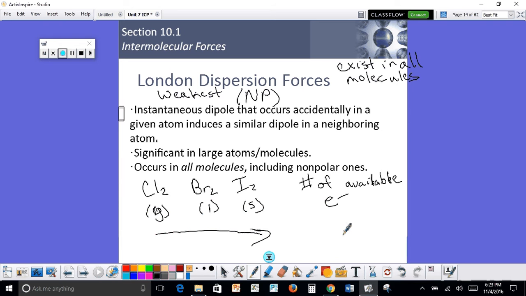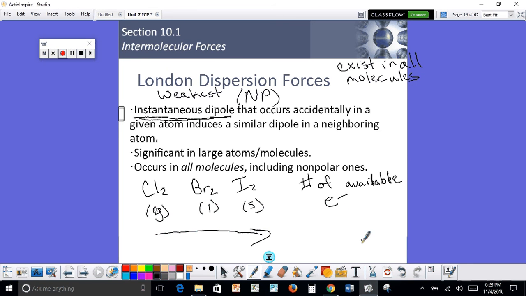Okay, how does that matter? In chlorine, we have fewer electrons than we do in iodine. As we increase the number of electrons, we increase the opportunity to create what's called an instantaneous dipole.